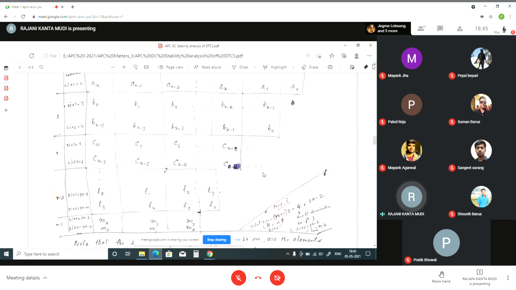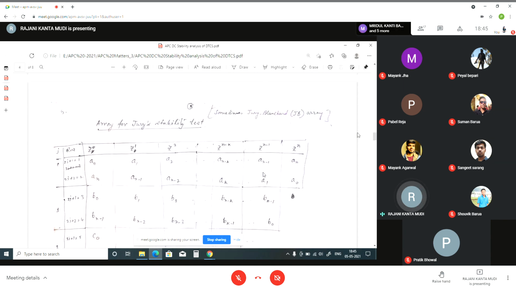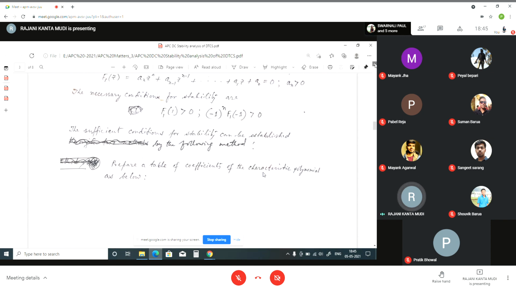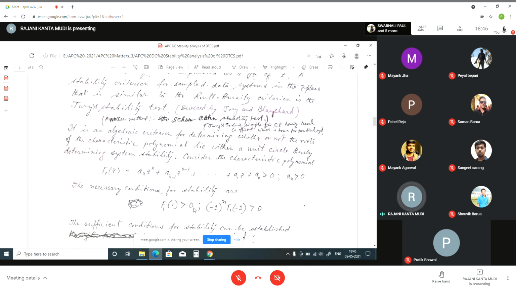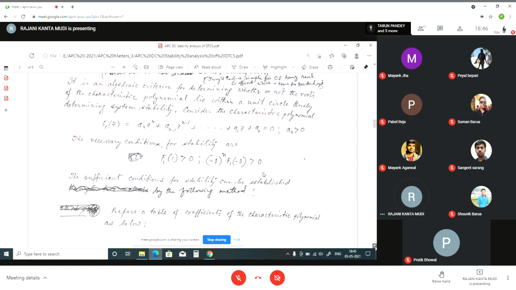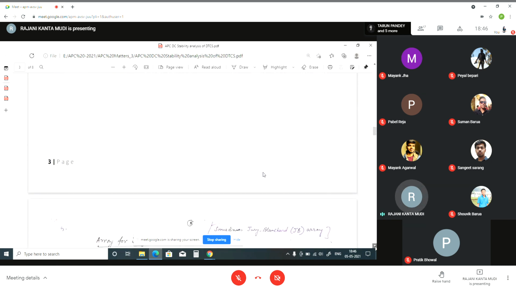No. Actually, the procedure for testing the Jury's stability criteria is to first check the necessary condition. If the necessary condition is fulfilled, only then can you move to the Jury's array part.